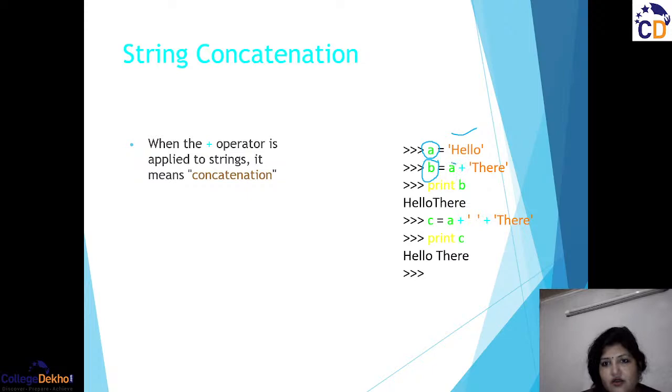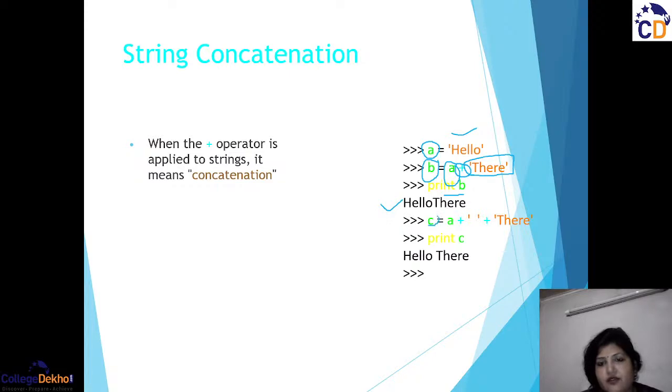So A is your hello part, and then you are adding, you have used the addition operator, and then you have taken another message, another string to add with that. So now you are going to print the B part. So it is going to print hello there, right?